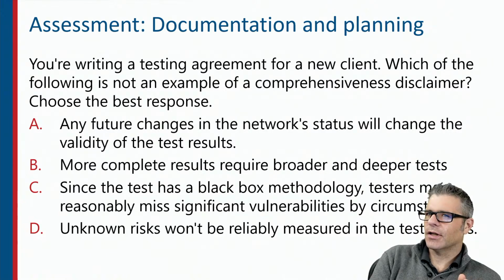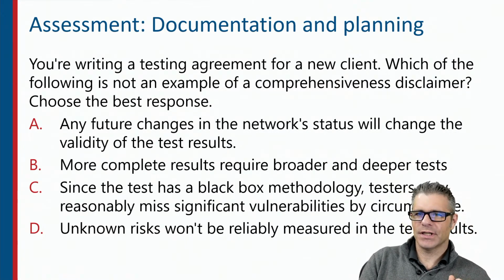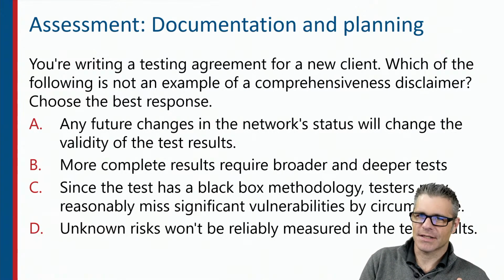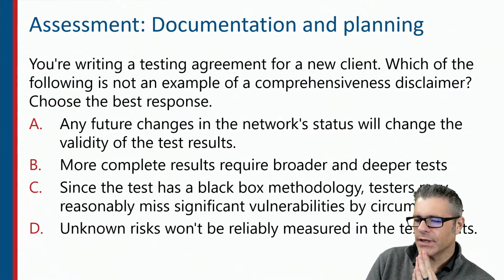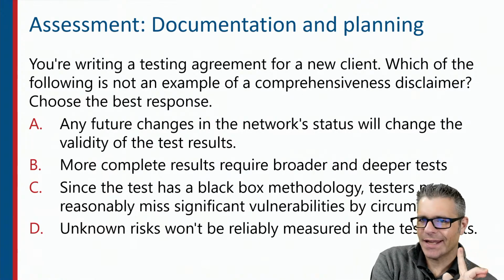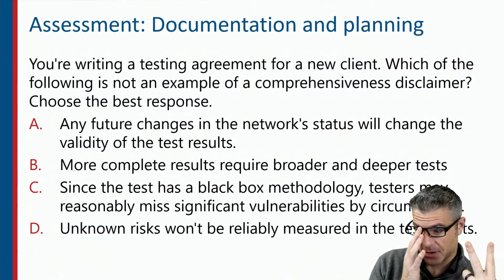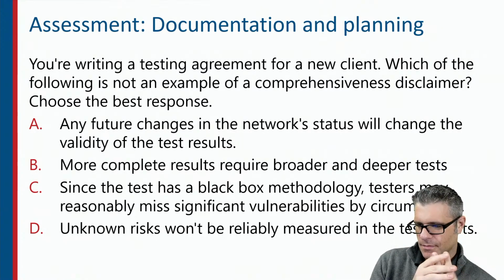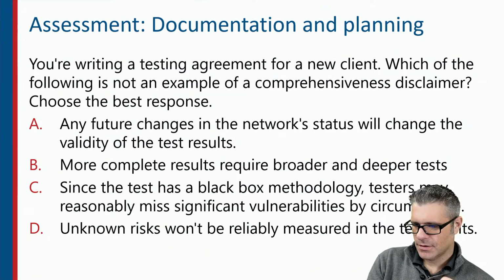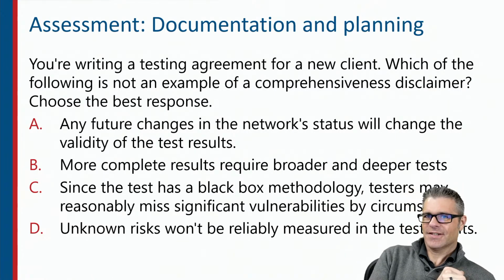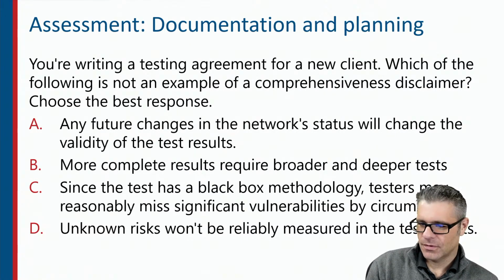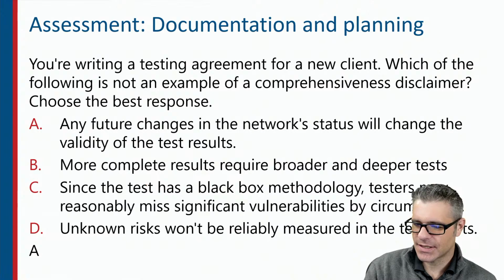So, another way to look at this question, and we're doing these because answering questions will help you pass this test: what would be disclaimers about the comprehensiveness of our tests? C is definitely a disclaimer. That's what I was thinking too. Okay, C. The question is which is not, so we decided C is a disclaimer.